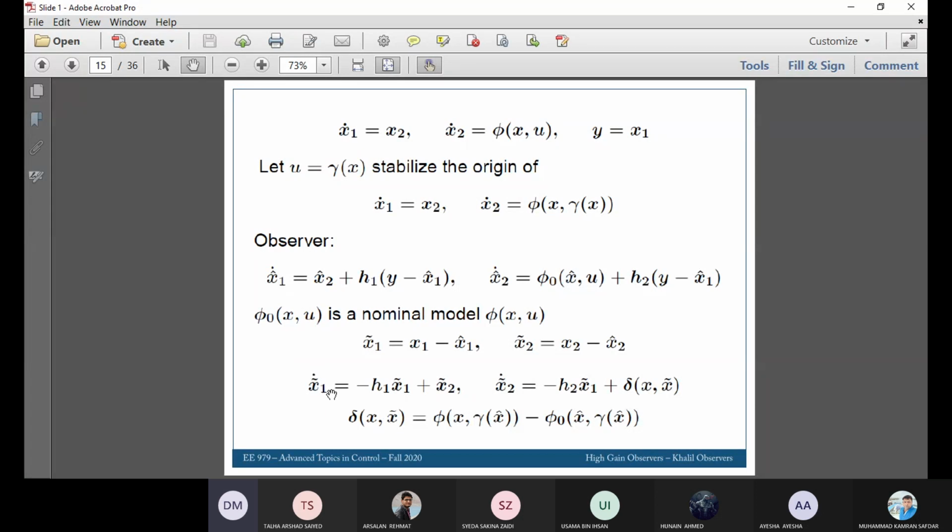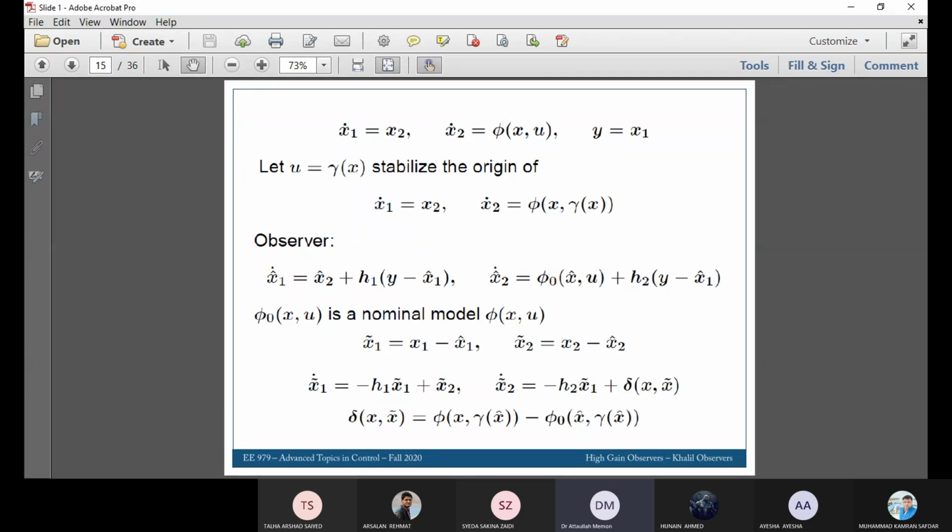So we see here that the estimation error equation has minus h1 x1 tilde plus the driving term x2 tilde, and the state equation x2 tilde dot has x1 tilde coming in and the term which is the difference between the actual system and the nominal system.